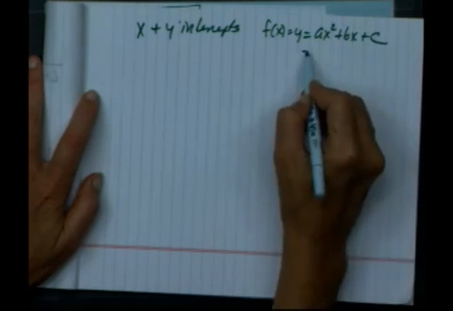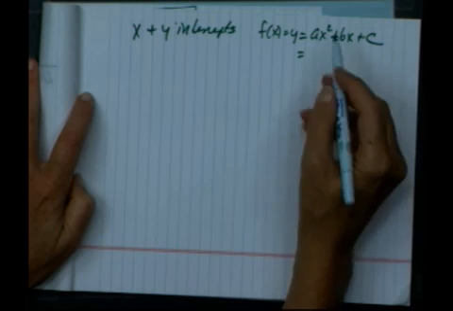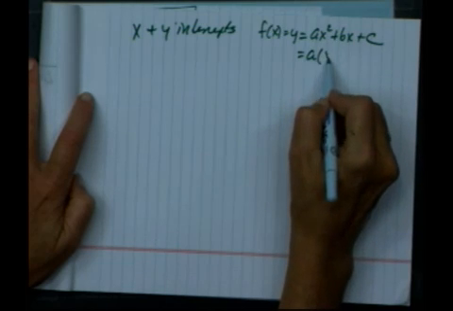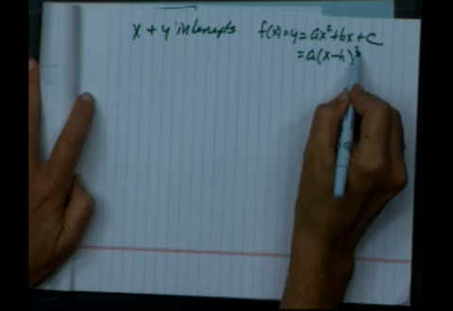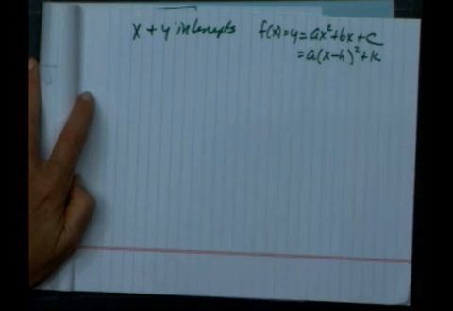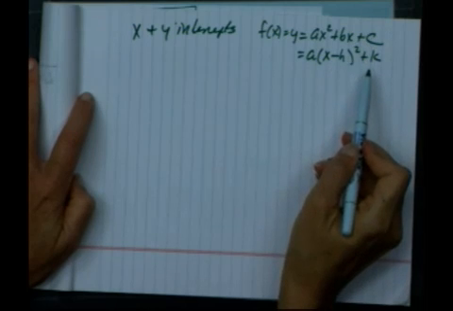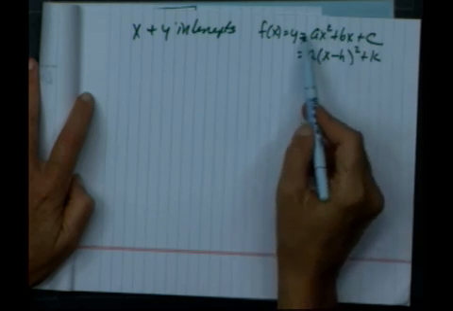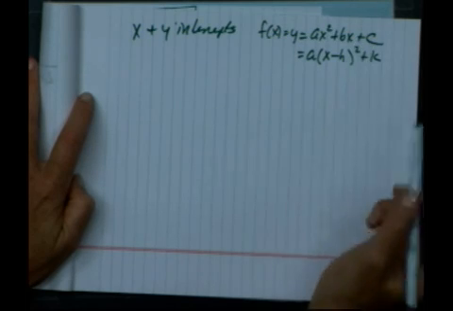What's another form that we studied so you would know how to do your shifting, stretching, and reflecting? a times (x minus h) squared plus k. You want to know both of those forms because if it's in this form, you already know the vertex, you know how to sketch the graph. Life is great. If it's in this form, you know how to use the formula x equals negative b over 2a to find the x-coordinate of the vertex.